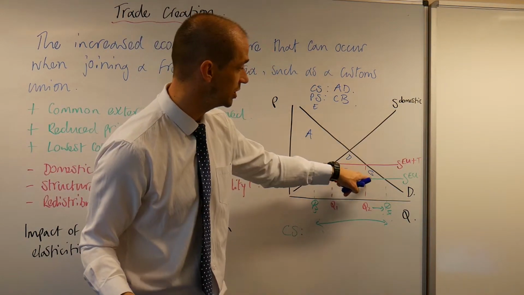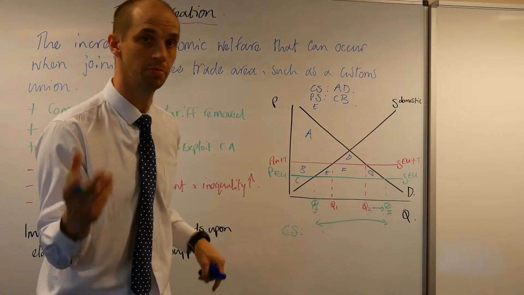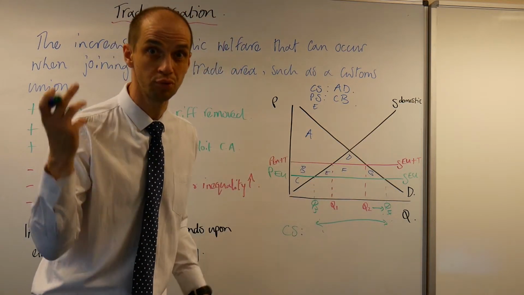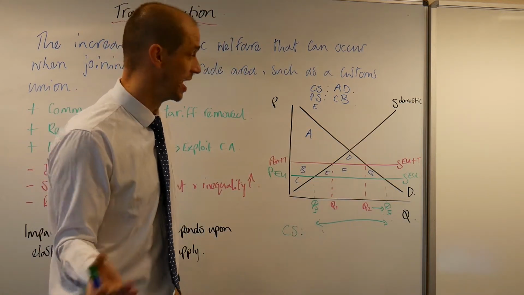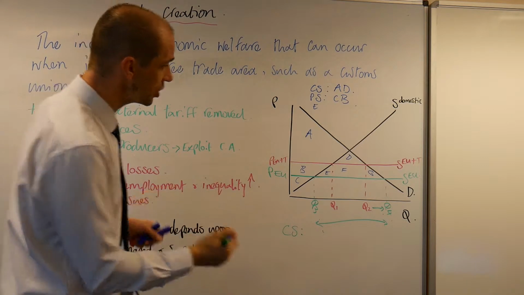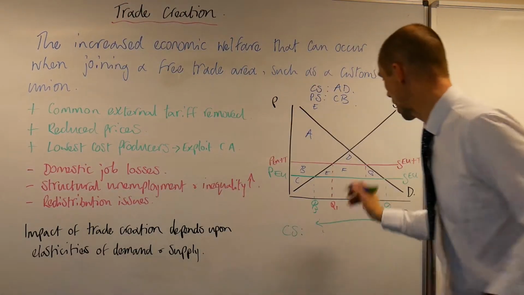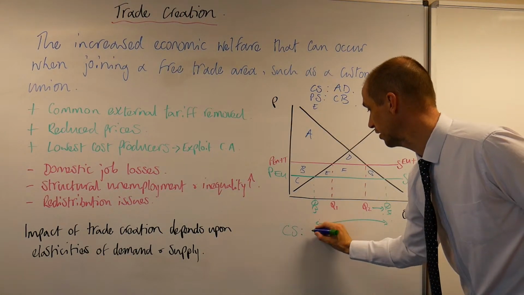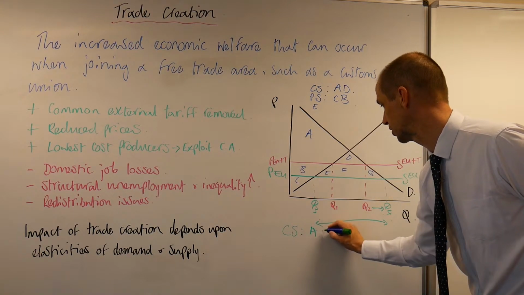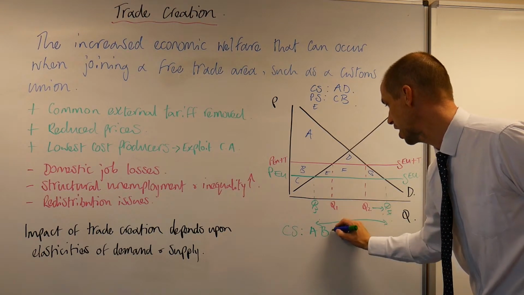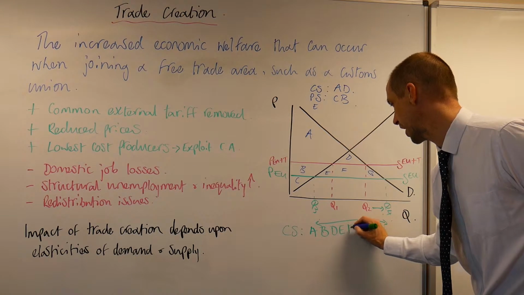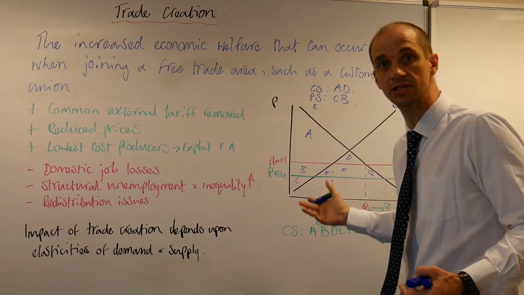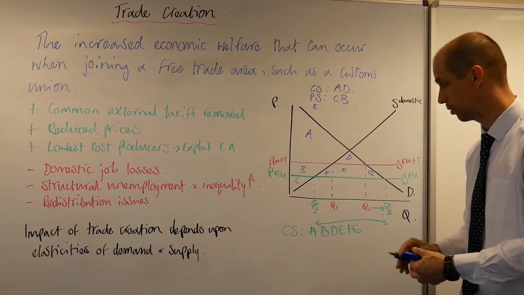That is an increase in consumer surplus represented by area G, which was previously a deadweight economic loss. So all in all, things are looking very nice if you are a consumer in this sort of scenario. It's going to be A, B, D, E, F, and G. All of that is now consumer surplus.